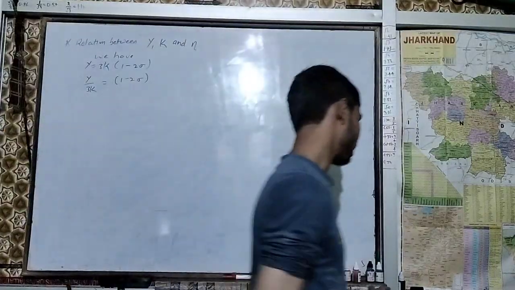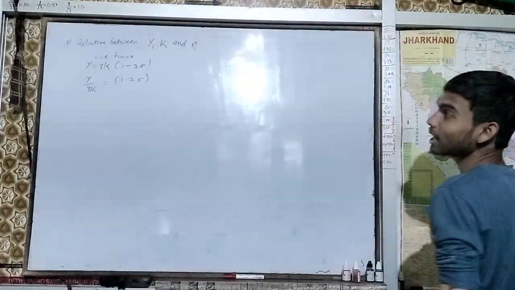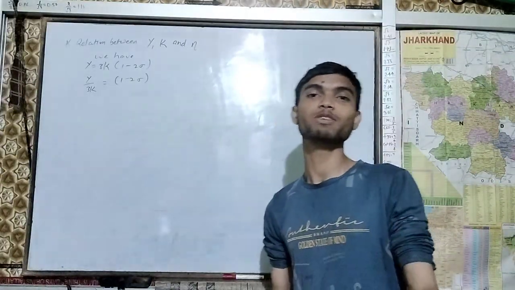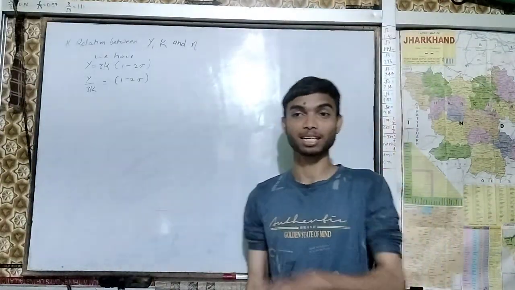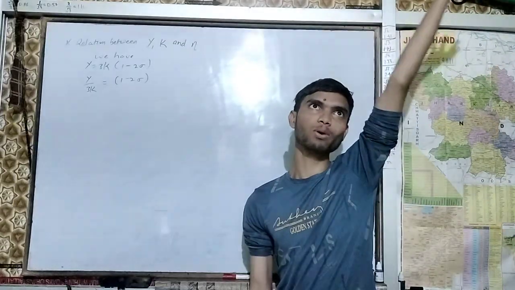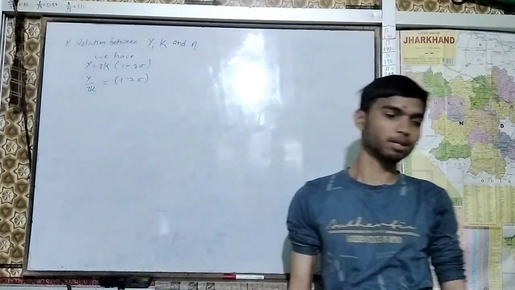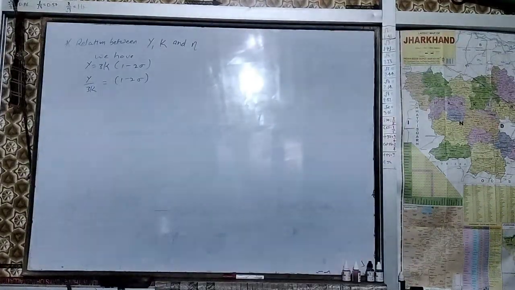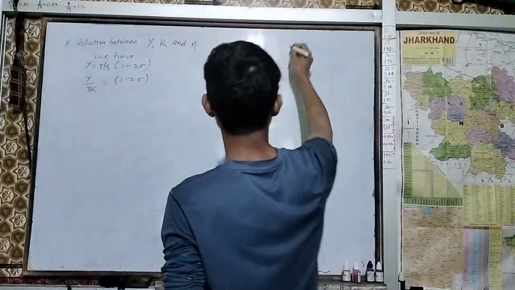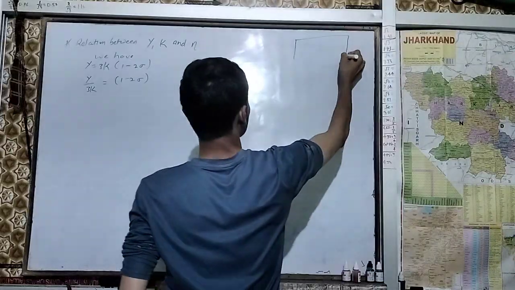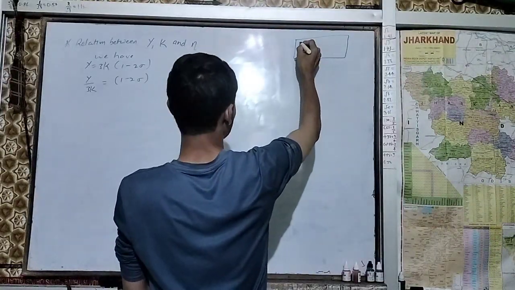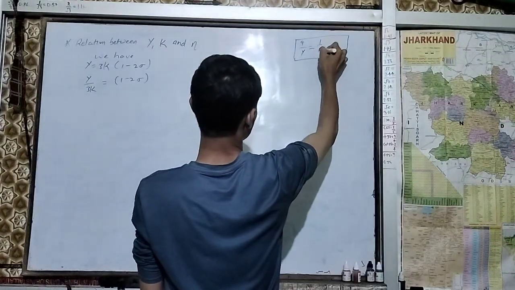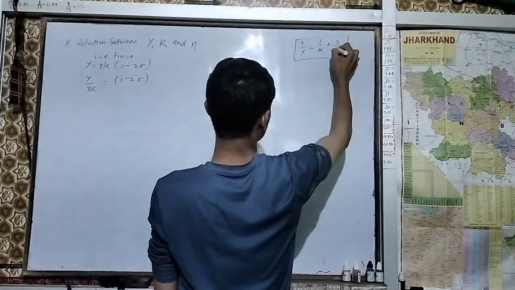First of all, let me write where we should stop. This is important, otherwise it will go on and on. So I would say it should stop over here: 9 upon y is equal to 1 upon k plus 3 upon eta.